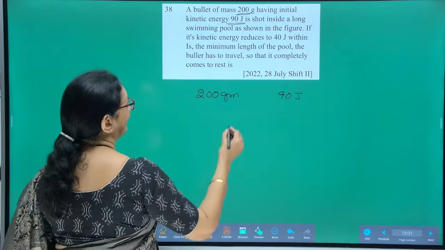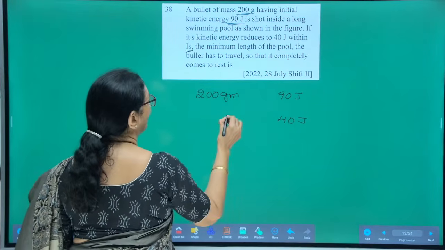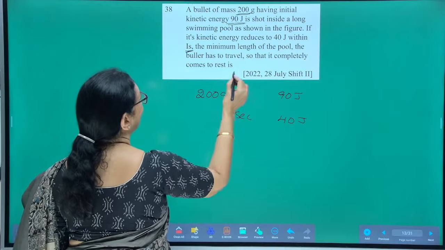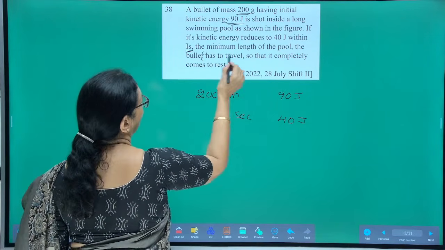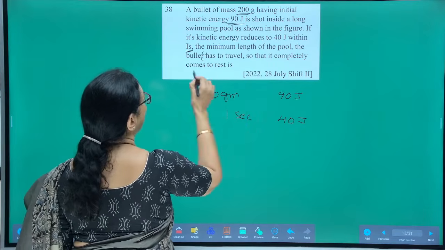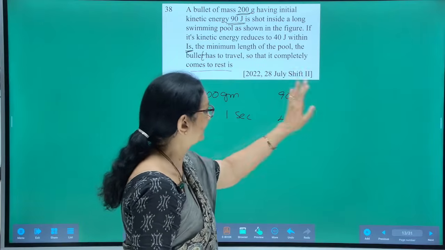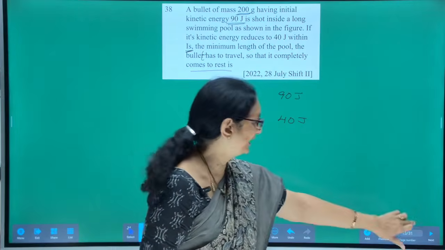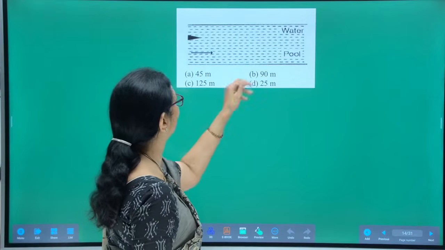The kinetic energy reduces to 40 joules within 1 second. What is the minimum length of the pool so that the bullet completely comes to rest? I think the diagram is in the next page. Let us see. This is the diagram with the options.